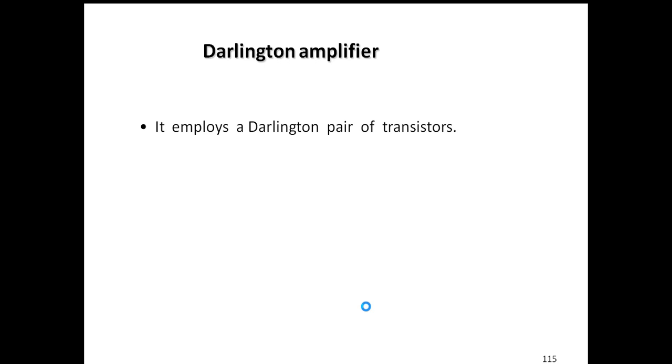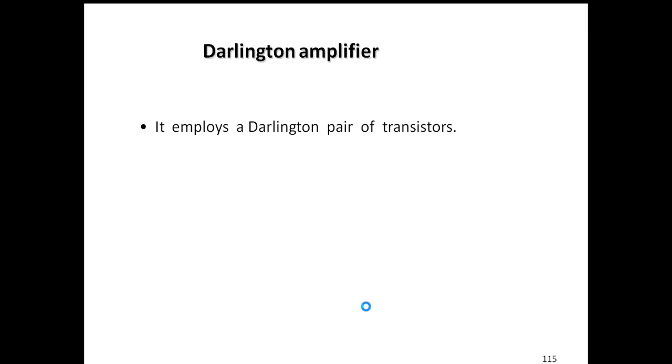So what is the meaning of emitter follower? It follows the input. Since it is a common collector amplifier circuit, the output is taken at the emitter. So the emitter follows the input signal. Okay, it means when we calculate the current gain, it is exactly equal to 1.